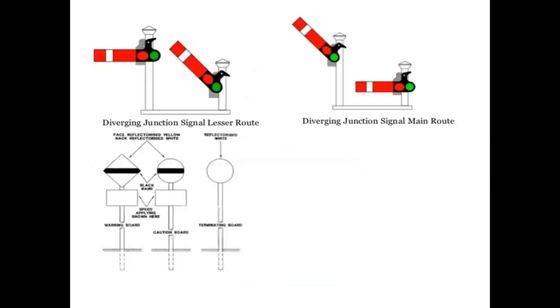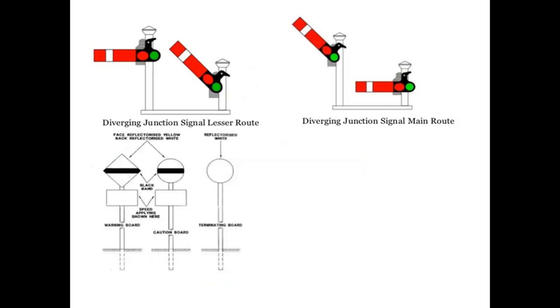and the diverging junction signal for the lesser route. These are the warning boards here, the black band and speed applying shown here. These are the warning boards for the locomotive to travel within a particular speed limit while reaching a junction or a track with a curvature.